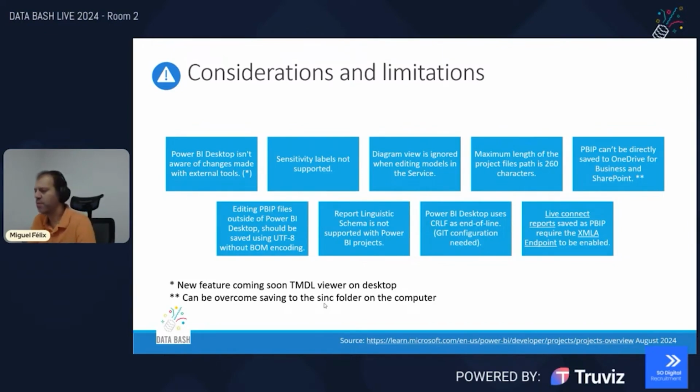Why? Because every time you save, you can be saving hundreds of files at the same time, depending on the size of your report, the number of pages, the number of visuals, and you will see why I'm referring to this. These are a couple of limitations that are acknowledged in the Power BI documentation. Always be aware that this can change in the future.